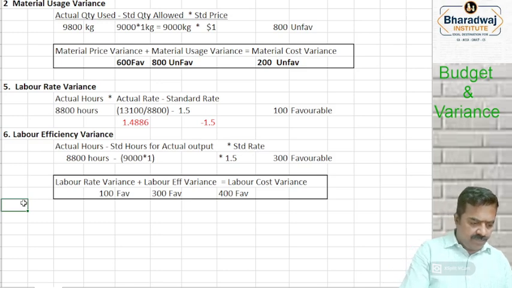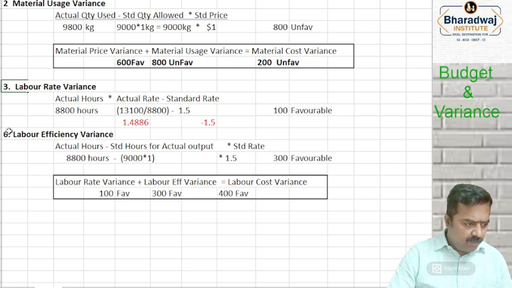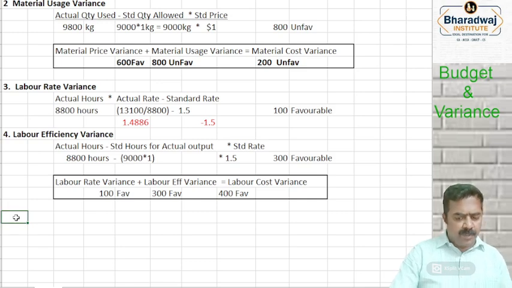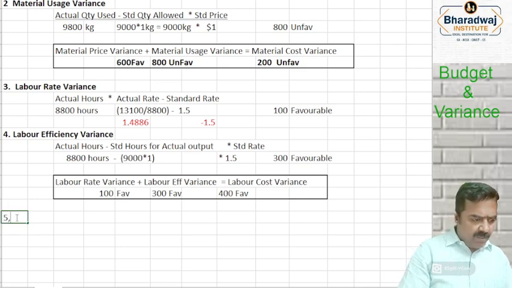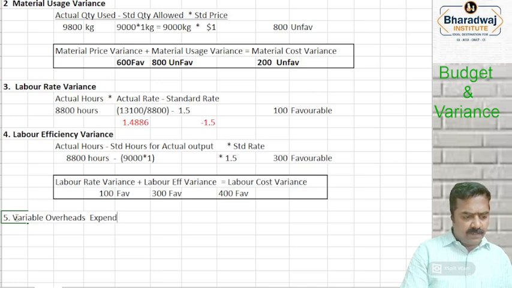Next. This is third and fourth. Yeah, I'm going dead slow, very slow, because you should understand every point properly. For variable overheads, do you remember? We can work out expenditure variance.